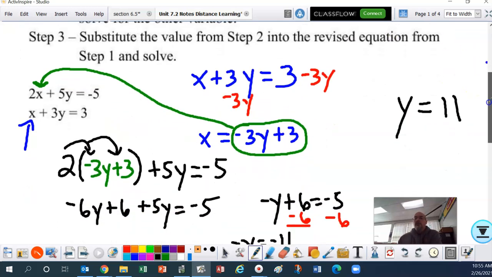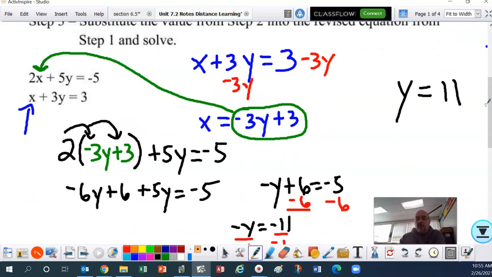That would be what I've got circled in green. So now what we're going to do is take this 11 and plug it in to the y in the revised equation. I'm sorry, this is so sloppy. Normally, I'm much more neat in how I set things up.